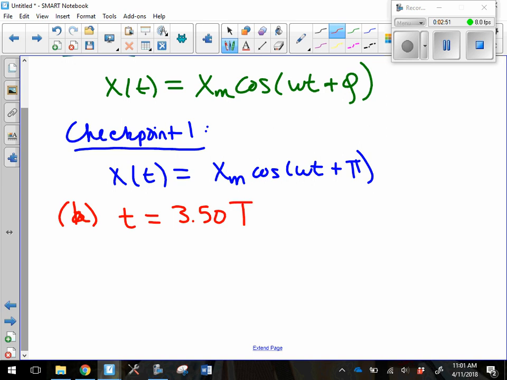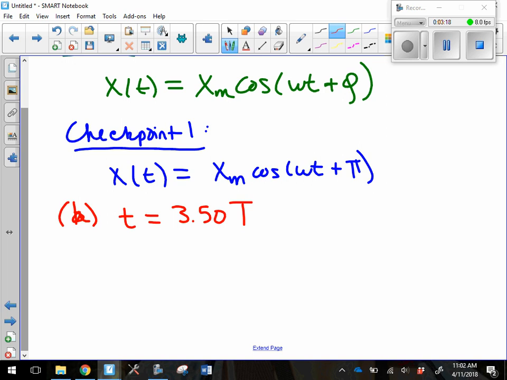That's capital T. So we could be clever about it, because we know that every time we go through a period, it brings us back to where we started, which in this case was negative xm.